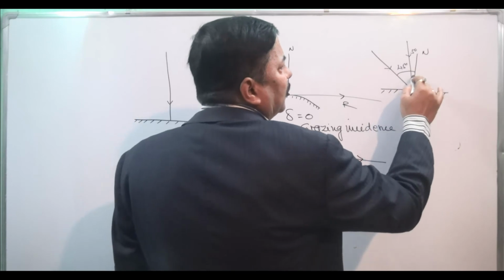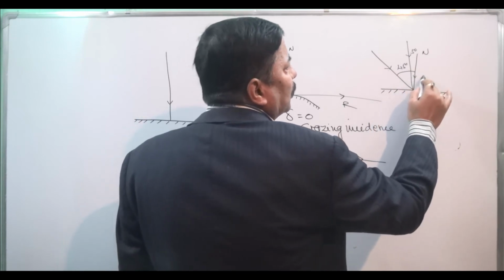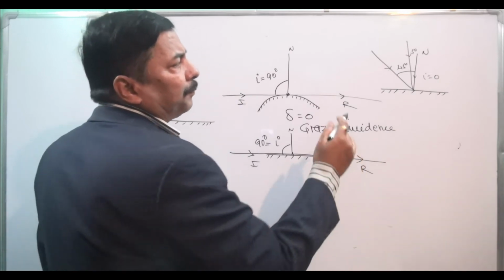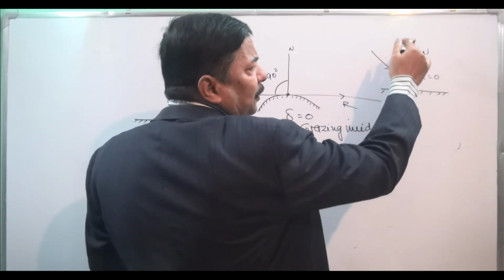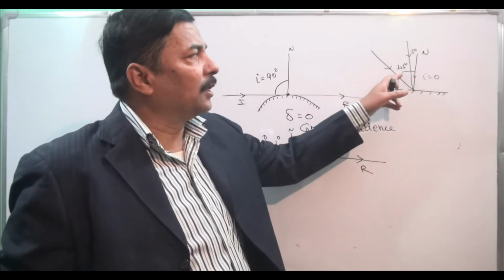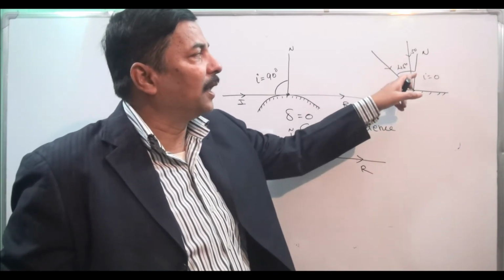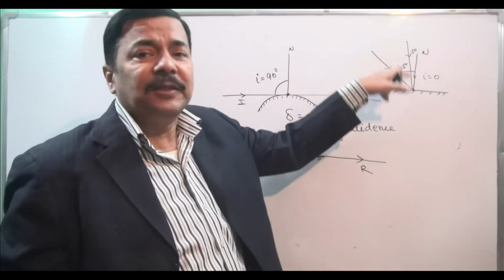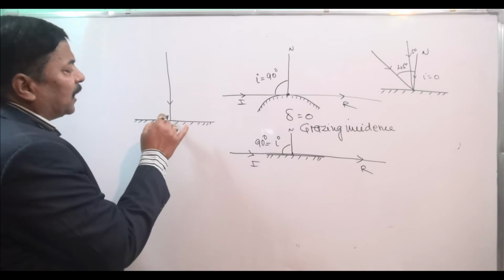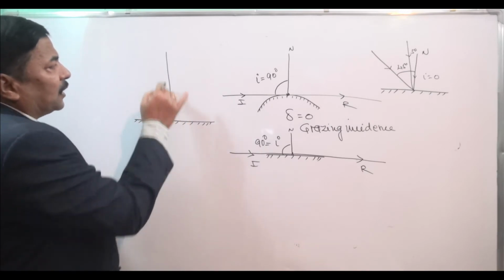And if I make it in this way, then it is 0 degrees. See how it is moving. When the ray is incident along the normal, the angle of incidence is 0. Here it is 45, here it is 5, and here, when it is normally incident, the angle of incidence is 0. So when the angle of incidence is 0, the angle of reflection is also 0.